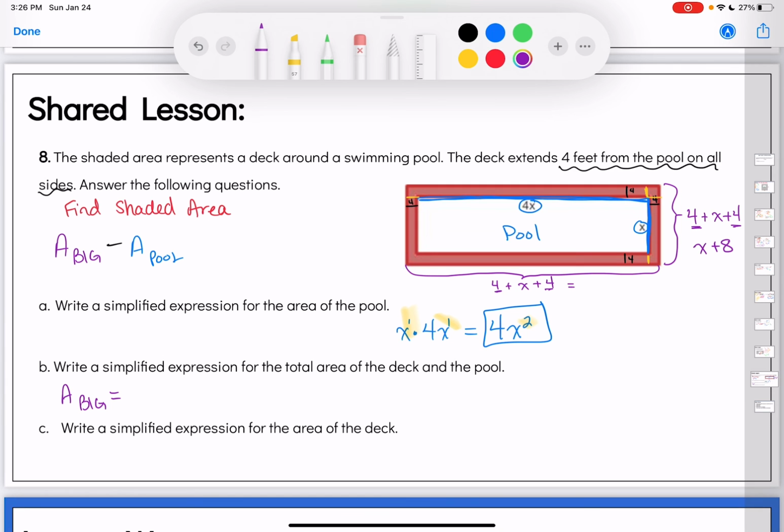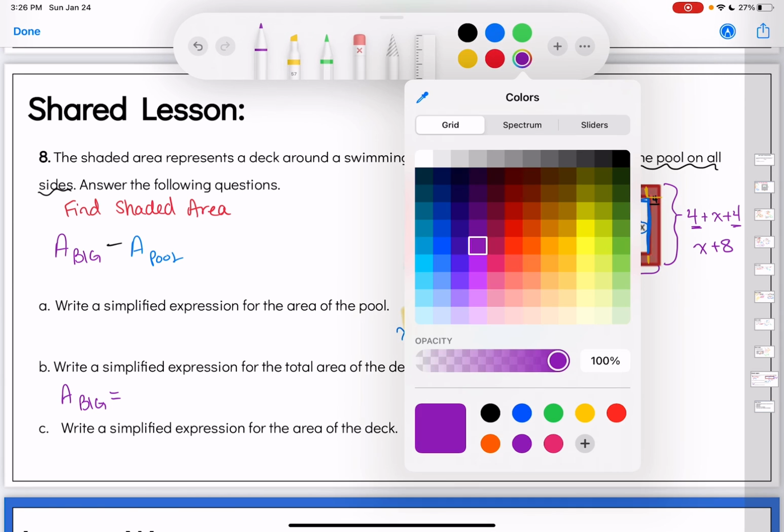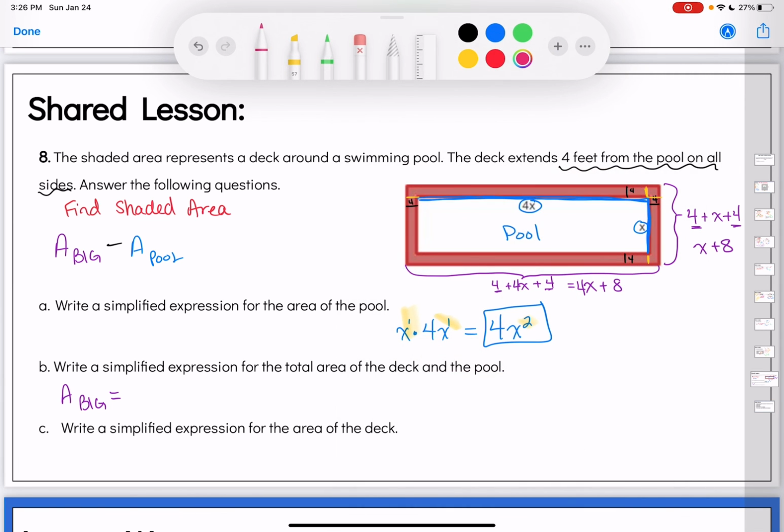Oops, sorry, I apologize. So this would be 4x plus 8. So there are the two things that I want to multiply together to find the area of the big.